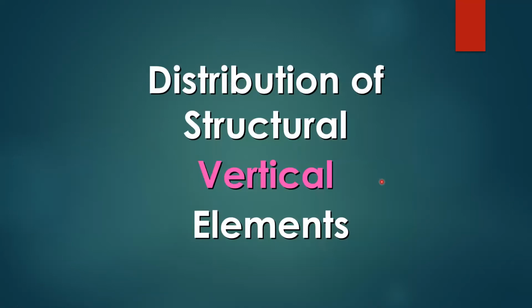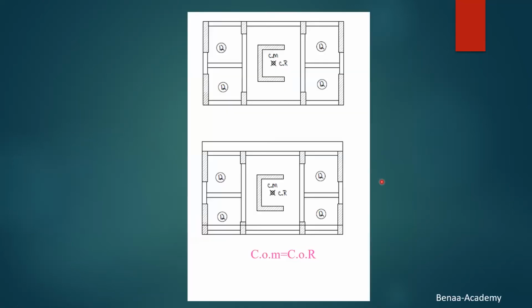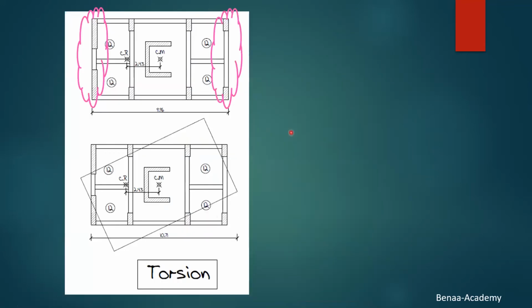Now, distribution of the vertical structural elements: same. Here COM equals COR. Why? Everything is symmetric, everything is the same. No torsion. Here, as I said, there's torsion.